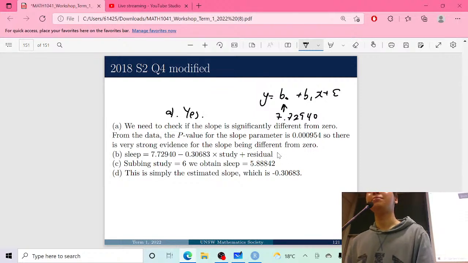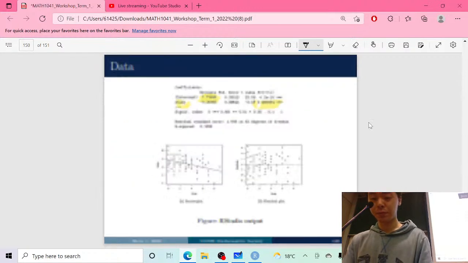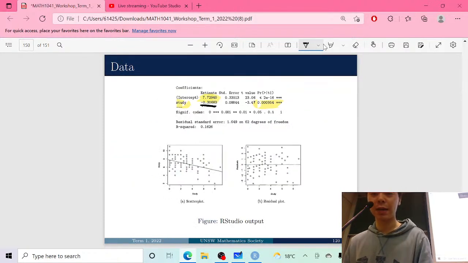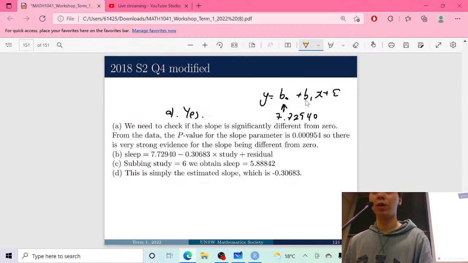Does this make sense? Just to recap, 7.72940 is going to be the intercept. That's given by this value here. The coefficient of your intercept is this value here, and the coefficient of your study parameter is this value here. And that's how you can work out what B0 and B1 are.